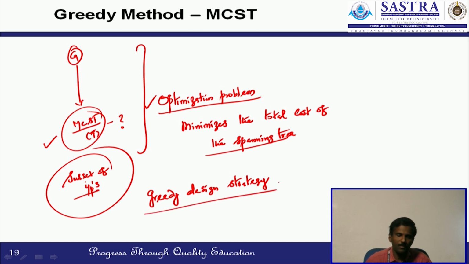So clearly the minimum cost spanning tree for the given weighted connected graph can easily be solved using the greedy method, because the outcome of the minimum cost spanning tree is a subset of the given inputs for the problem.